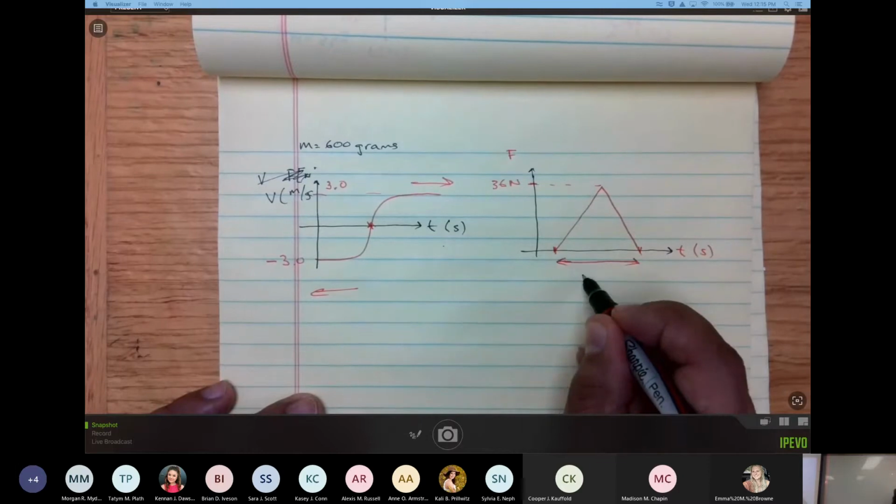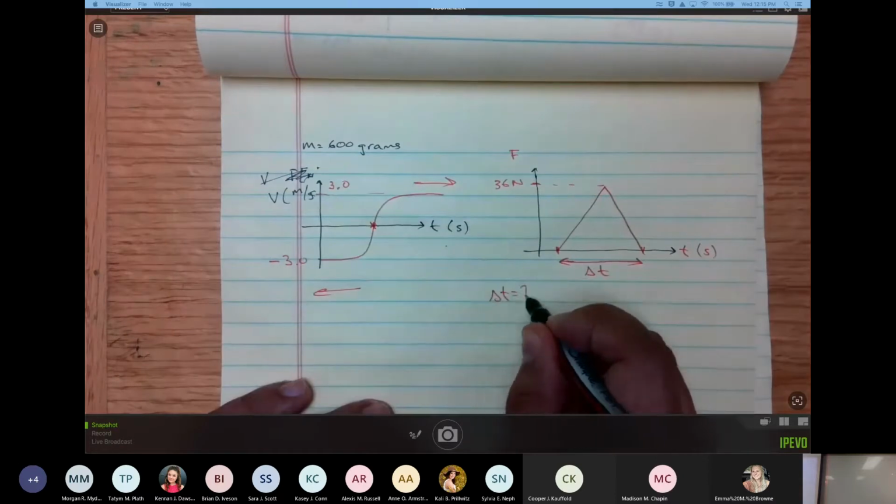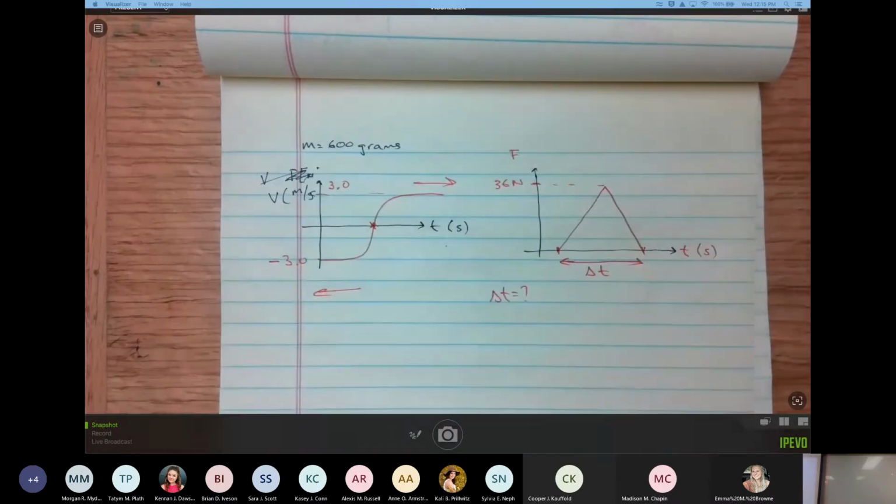Okay, it's going to look like that. It's going to look like a triangle. The maximum force that we're going to have is 36 newtons. And what we want to find out is what is delta T. What is the amount of time that you apply that force?